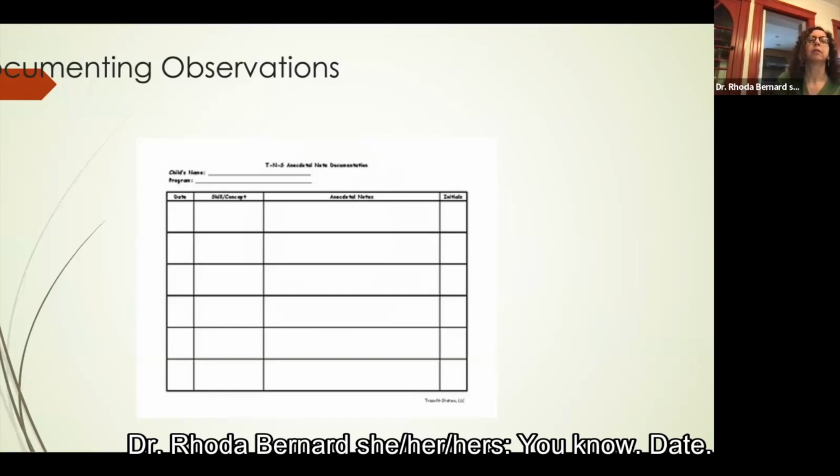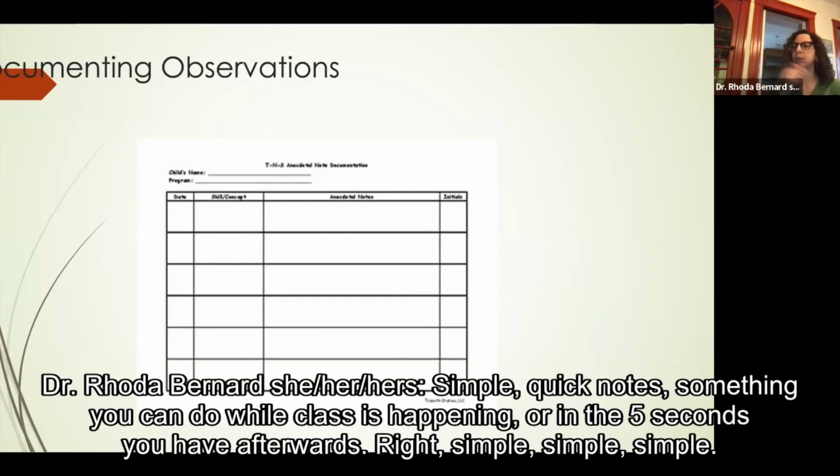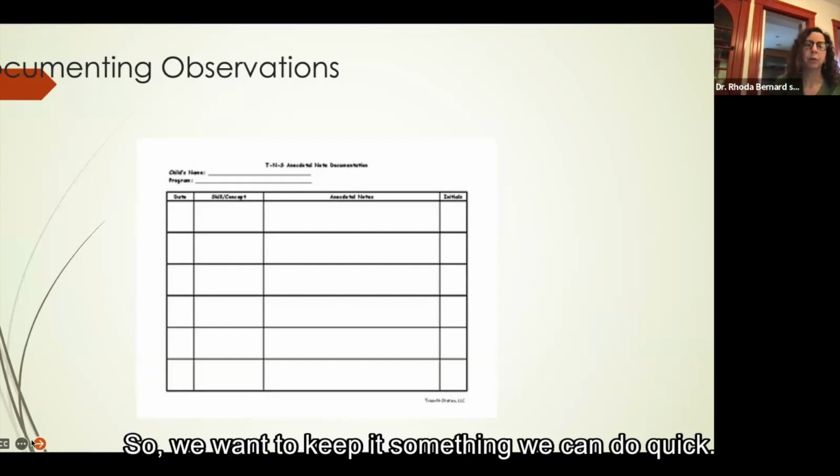You know, date, whatever the concept or skill is, what you observed, and your initials. Simple, quick notes, something you can do while class is happening or in the 5 seconds you have afterwards. Simple, simple, simple. So we want to keep it something we can do quickly.